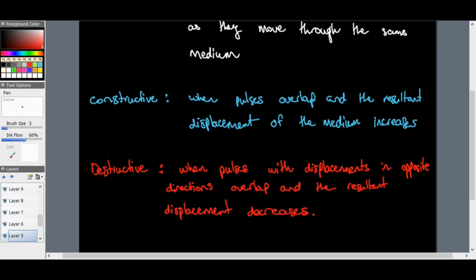In constructive, they meet, make a bigger one, and then separate again. If they're in opposite directions, one pulse coming from the bottom and another from the top, they meet, giving a smaller displacement before carrying on. That will be an example.